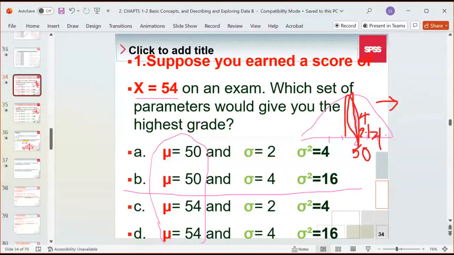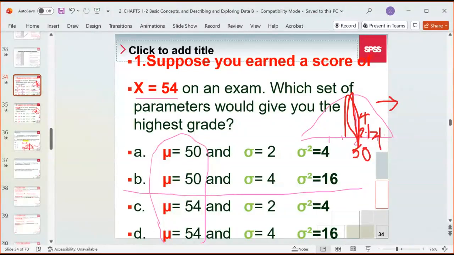With a standard deviation of 2, each standard deviation is 2 points, so it puts you 2 standard deviations above the mean on the right side.